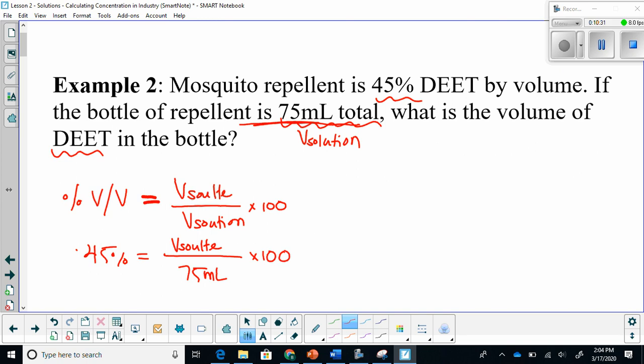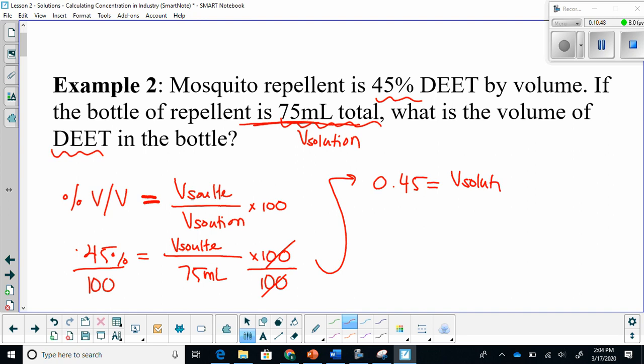Let's go ahead and isolate for V solute now. I'm going to divide both sides by 100. 100 and 100 cancel out. This gives me 0.45 is equal to V solute over 75 milliliters.